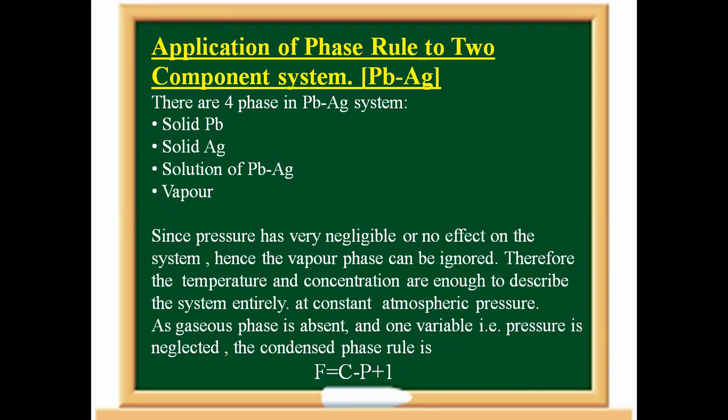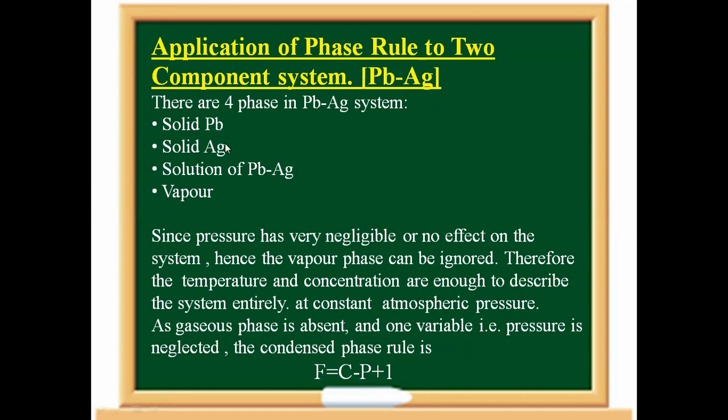For example, you can see over here, this is the lead silver alloy. Okay, the lead silver alloy is being made. Now when we make a lead silver alloy, solid lead will react with solid silver, correct or not?